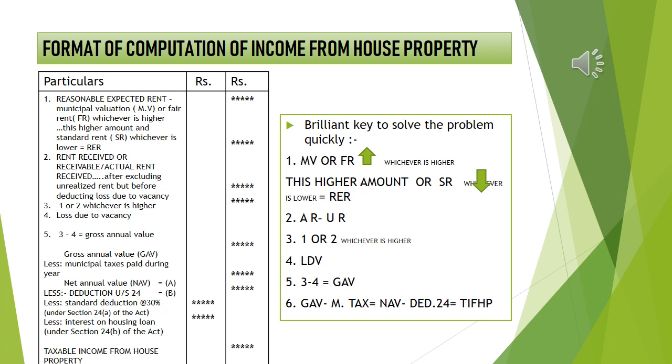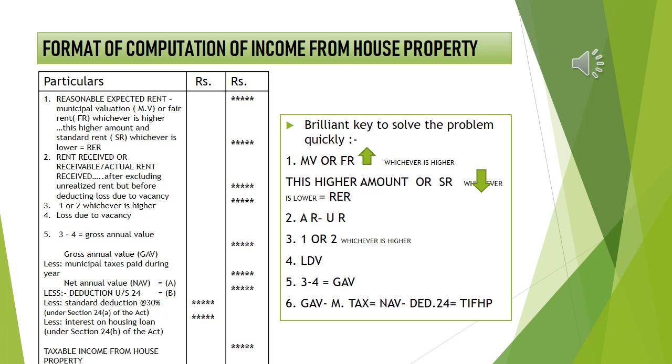Then fifth, 3 minus 4 is equal to gross annual value. If you deduct municipal taxes paid during the year from gross annual value, you will get net annual value. If you deduct standard deduction under section 24 and interest on house loan, then you will get taxable income from house property.